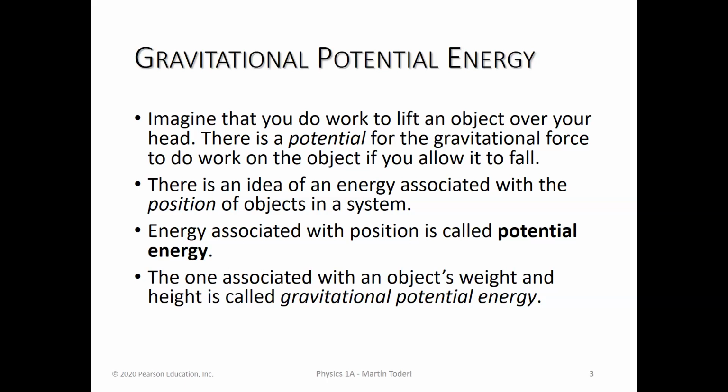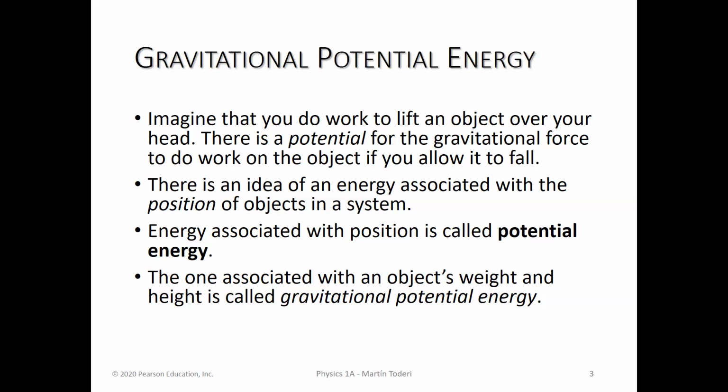So there is an idea of an energy associated with the position of objects in a system. And this energy associated with position is called potential energy, because it's talking about the potential to perform work dependent on the position of that particle, of that object.